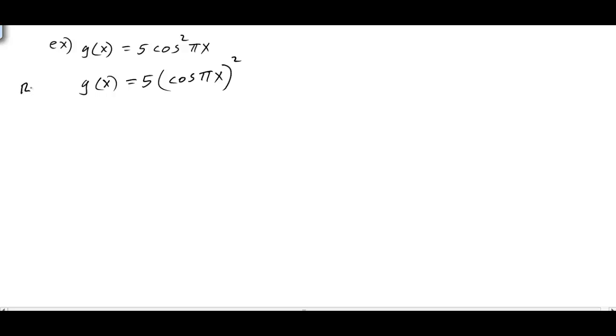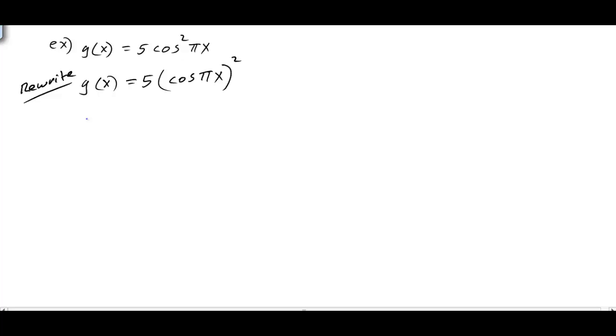So I'm going to start out by rewriting the original problem. So keep in mind, this squared, again, really means we're squaring this whole cosine pi x. So we want to take the cosine of pi x and square that quantity. So we can strictly kind of think of using the chain rule.